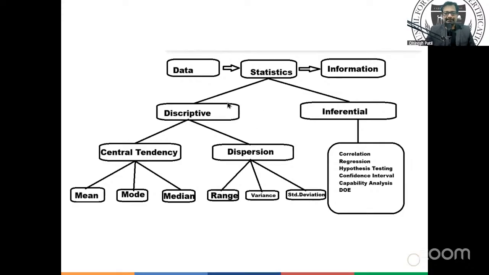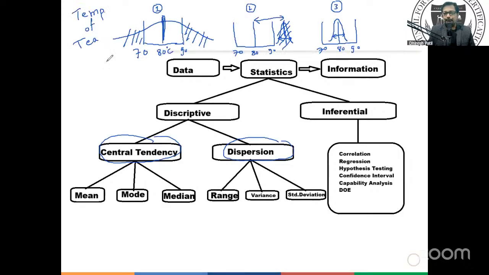See, understand this. If, let me undo this. Okay, look at this. So I have explained. Okay, nice name. Okay, see, I gave 3 examples of the tea. In the first case, my lower specification is 70 degree, my upper specification is 90 degree, correct?